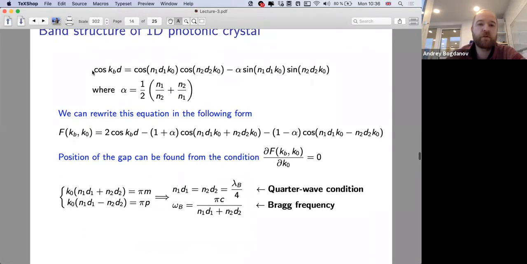This is the formula that we have, but here I need to write not n1 d1 k naught, but just k1 d1, k2 d2, and the factor alpha. We can rewrite the right part of this equation in the following form. We need to put it to the left side.